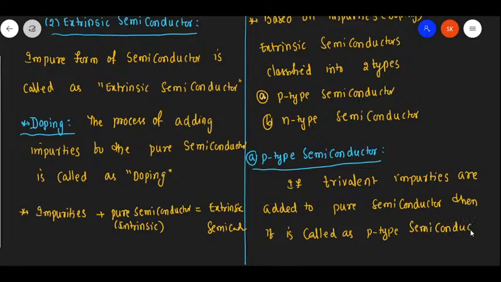How can we make the p-type semiconductor? You should add the trivalent impurities.